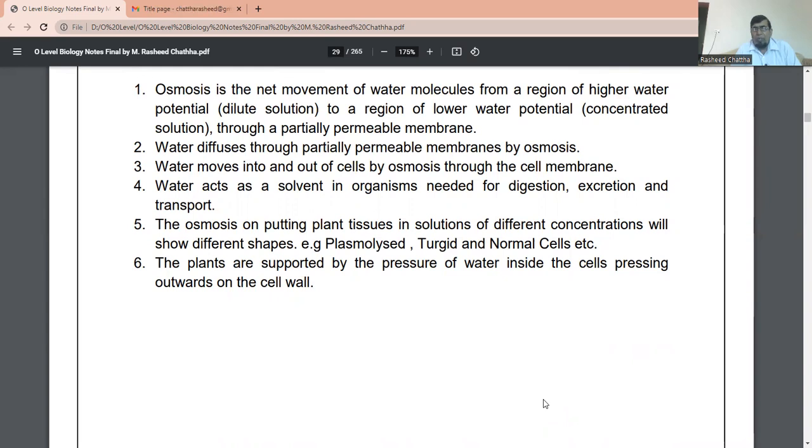Water acts as a solvent in organisms, needed for digestion, excretion, and transport. Putting plant tissues in solutions of different concentrations will show different shapes, for example plasmolysed, turgid, and normal cells. Plants are supported by the pressure of water inside the cells pressing outward on the cell walls.